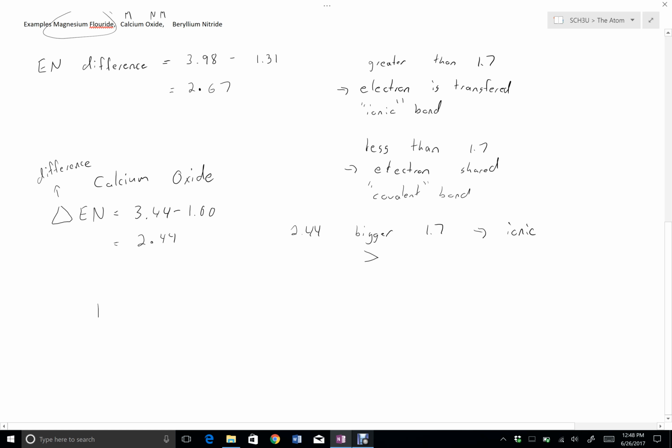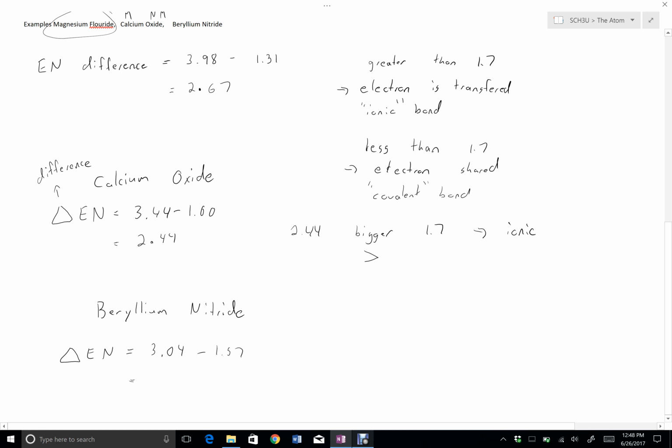Beryllium nitride. The electronegativity difference here for beryllium nitride: nitrogen is 3.04, and beryllium is 1.57.